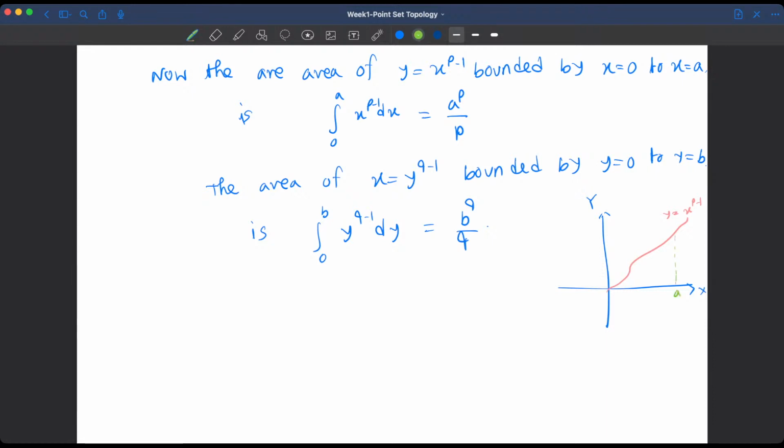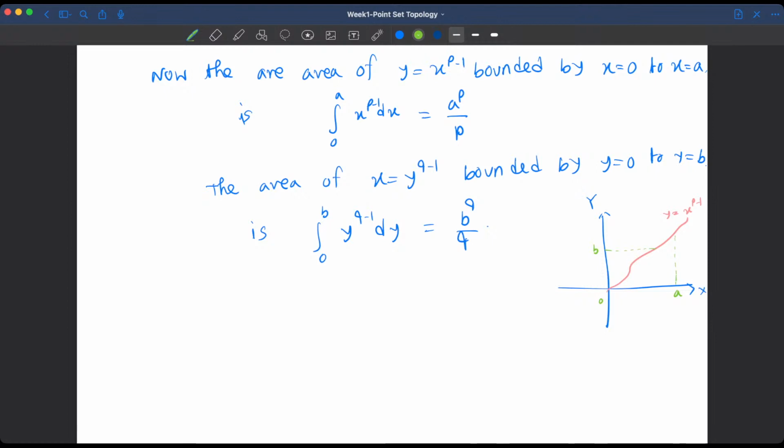Suppose this is point A, this is 0, and in this case, to visualize it, I'm assuming b is less than a.